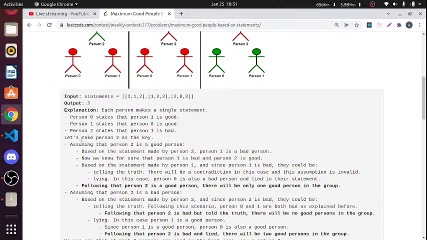Okay, so let's take person 2 as the key. Assuming that person 2 is a good person, he will tell the truth. So person 1 is bad, right?